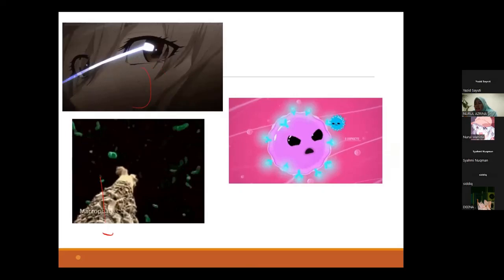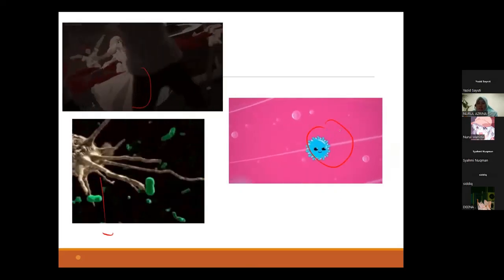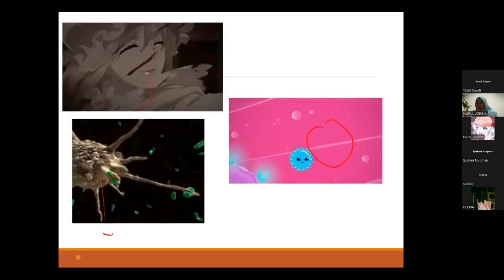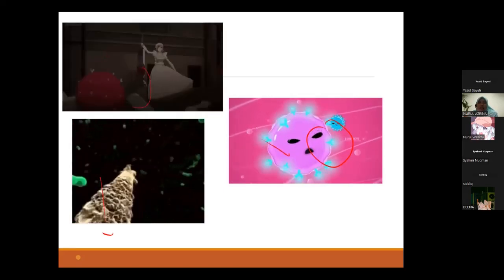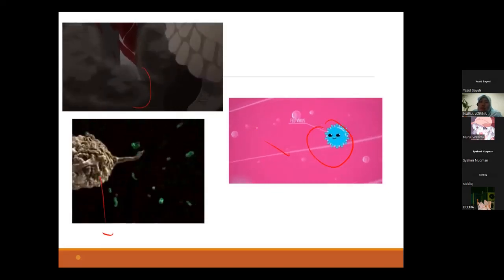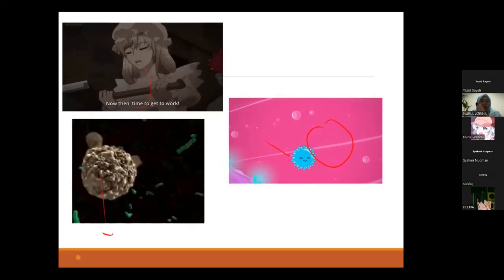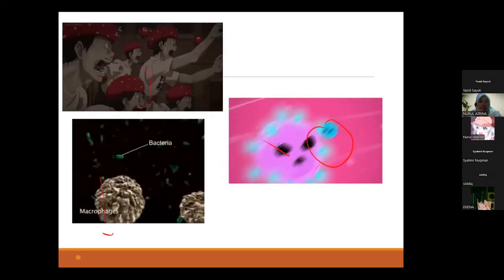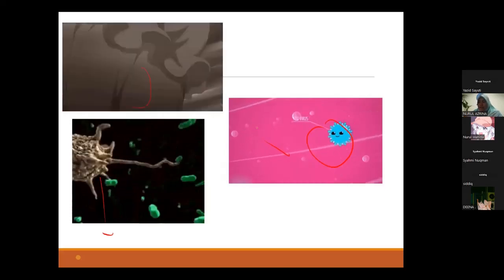And the picture on the right, you can see this is a pathogen, for example a virus. It will be detected by the lymphocyte. So lymphocyte then will produce antibody or any cellular defense mechanism to kill the pathogen.